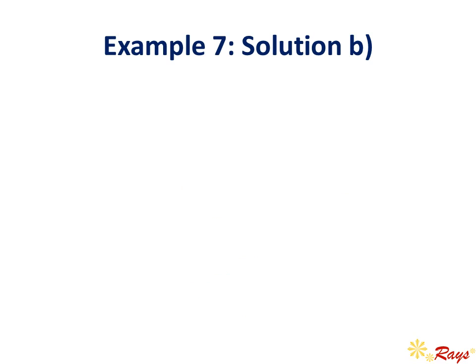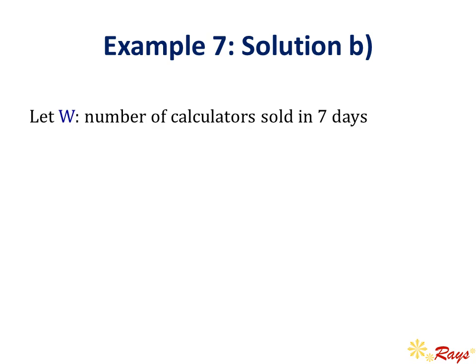Question B is asking us to find mean and standard deviation of W, which is the number of calculators sold in 7 days. So we let W be the number of calculators sold in 7 days. To find lambda for 7 days, just like how we found the lambda for 3 days, first we need to find the lambda for 1 day, which is 9/4, and then we multiply with 7 days, and the answer is 15.75.